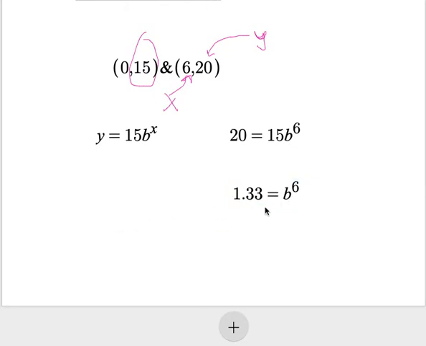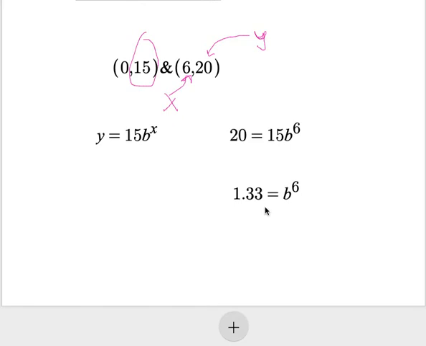Now you might be wondering, how can I do that? I don't want to divide by 6. Okay, b to the 6th is not 6 times b. It's saying what number multiplied 6 times is 1.33. Now if it was b squared, we'd be trying to find what number multiplied 2 times is 1.33.